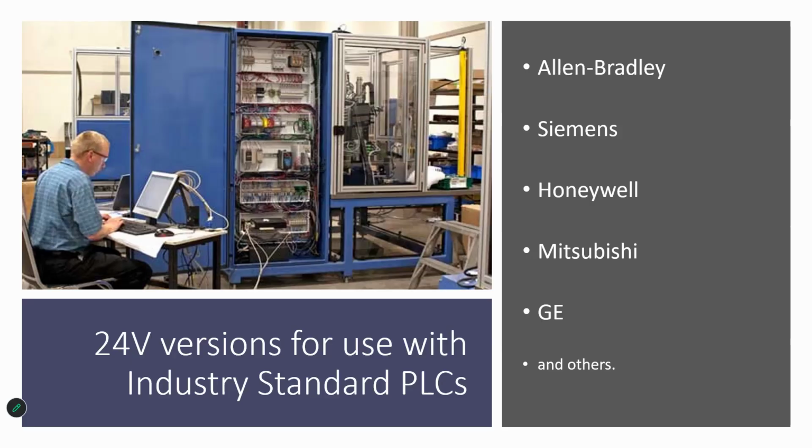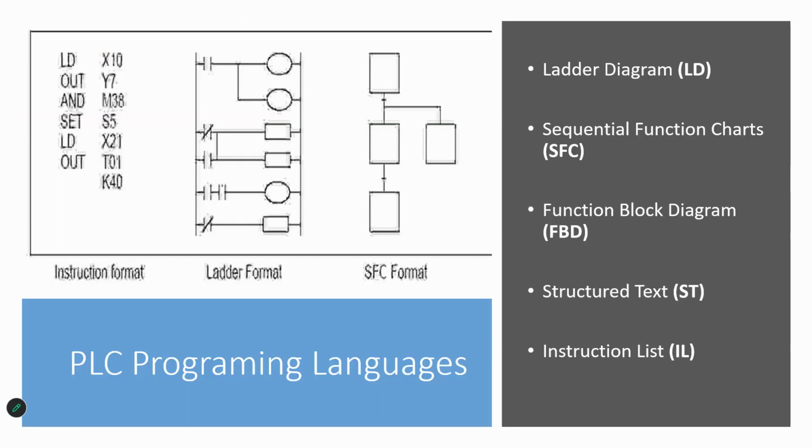If you like Mitsubishi, Honeywell, Siemens, what have you, you should be able to use that PLC to control the basic Fischer-Technic models. By the same token, you can use your choice of programming language to control the models. Again, that really applies more to the other models than the ones we're going to be looking at specifically today.